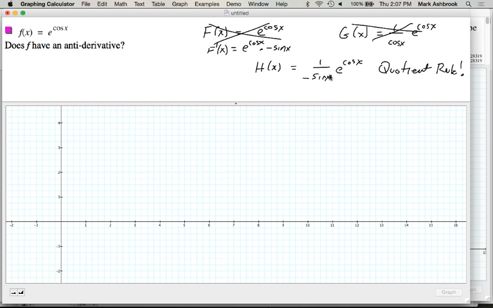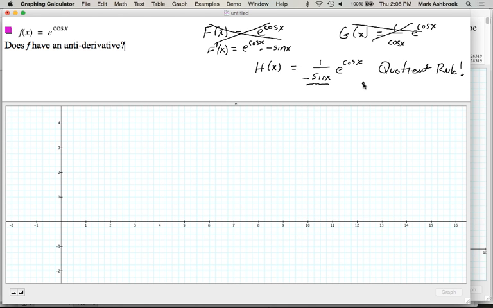You can't just divide by 1 over that thing. If it's a function, that changes the whole ballgame. Now we've got a quotient. The quotient rule will give a complicated fraction that's not e to the cosine x. So what we're finding is that e to the cosine x does not have a closed form antiderivative.